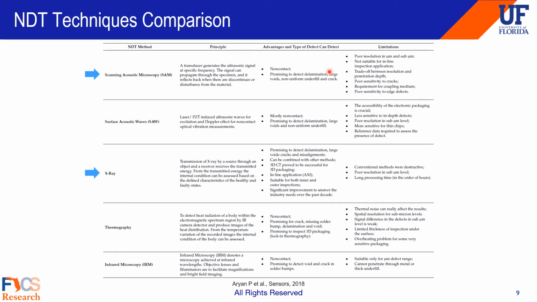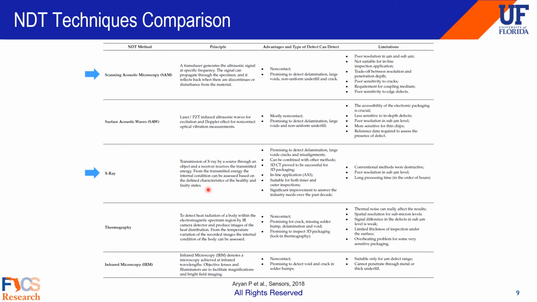You also have to consider the trade-off we just mentioned above, the resolution and the penetration depth. It might have problems when you are imaging near the edge of your specimen. Another thing is that your sample has to be submerged inside a water tank.